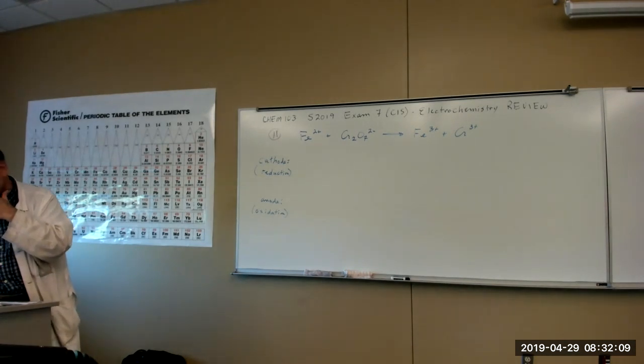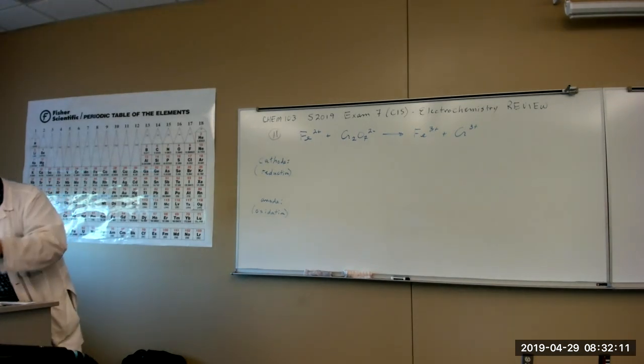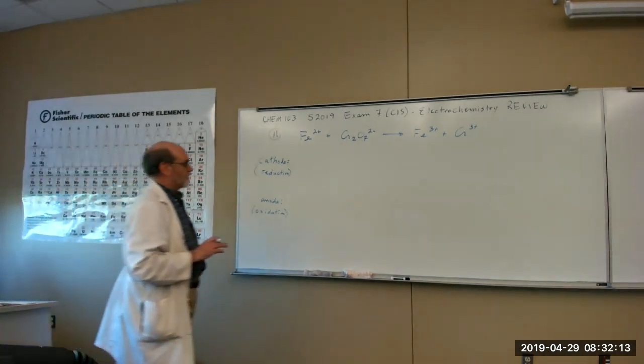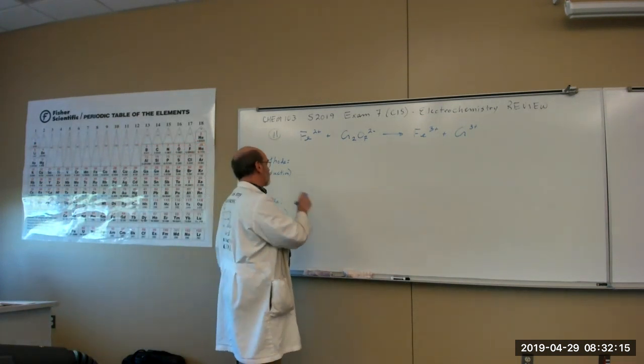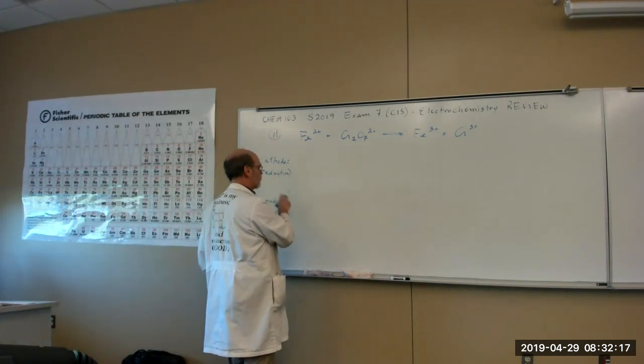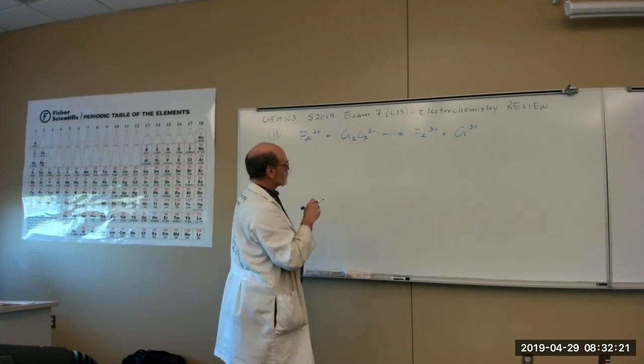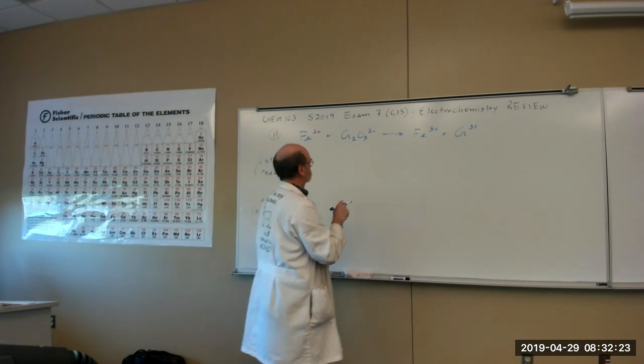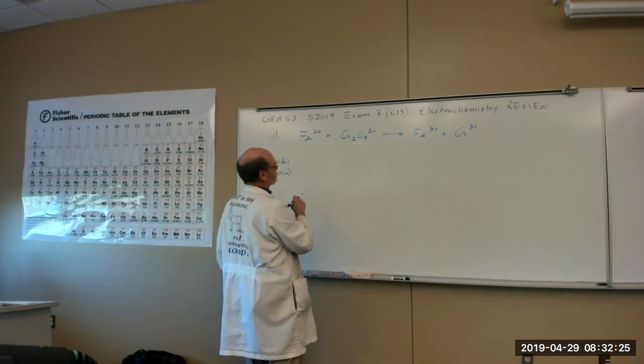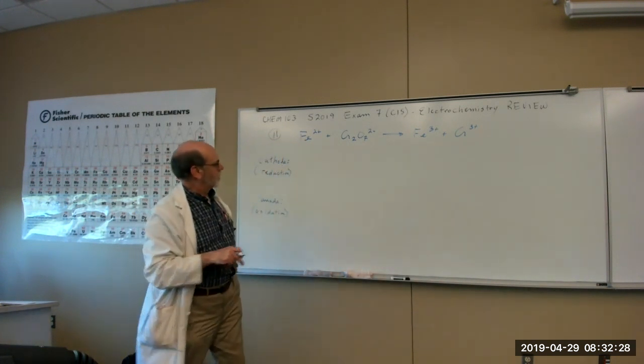We don't actually have to balance this equation like we would normally do. We just need to identify which one's the cathode and which one's the anode. So which one's being reduced? Well, let's see.